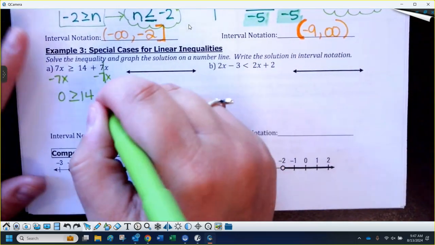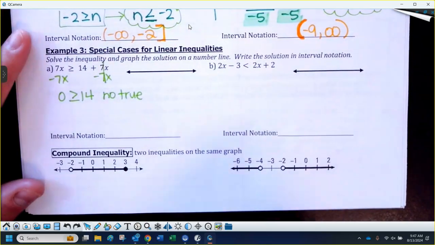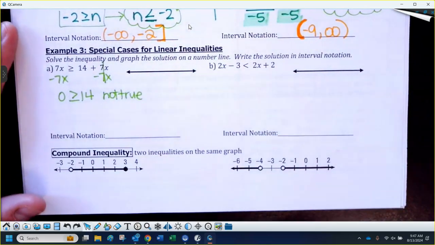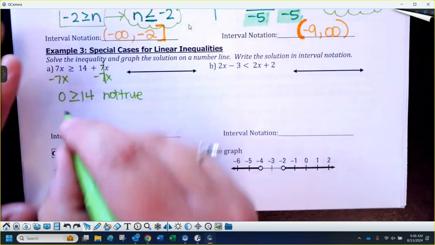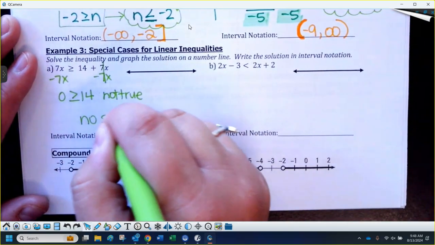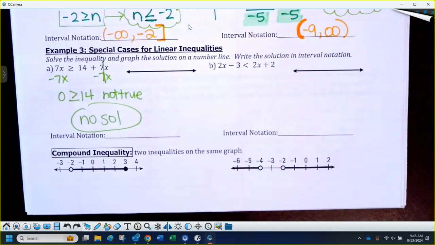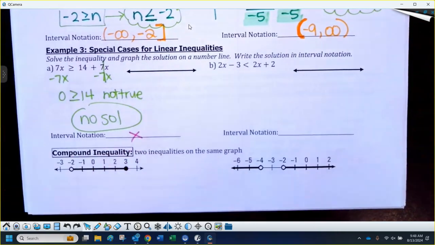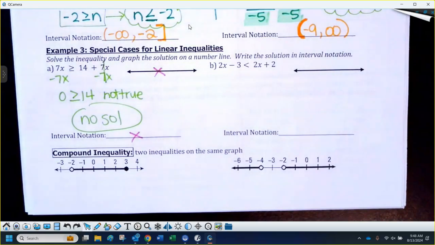If it is not true, what does that mean in terms of my answer? No solution. There is literally no value for x that you could plug in there that would ever make that inequality true. So in that case, we would not have any kind of interval notation, and we would not have a graph, because we don't have a solution.